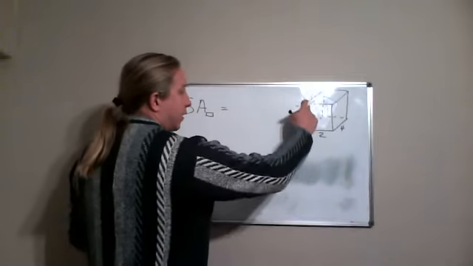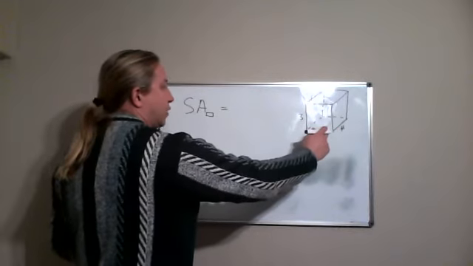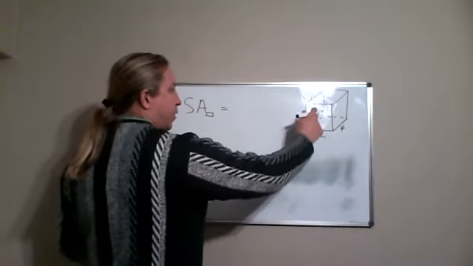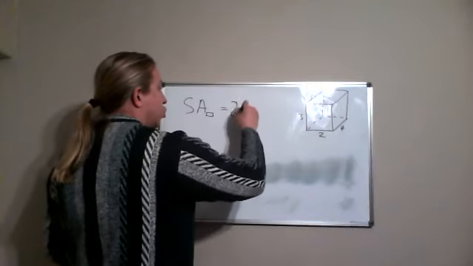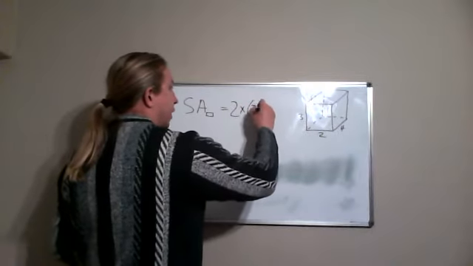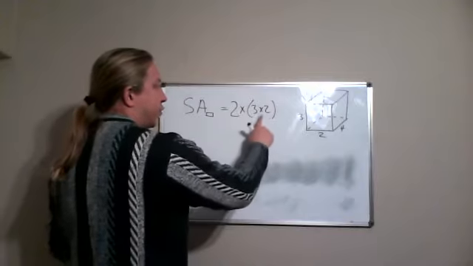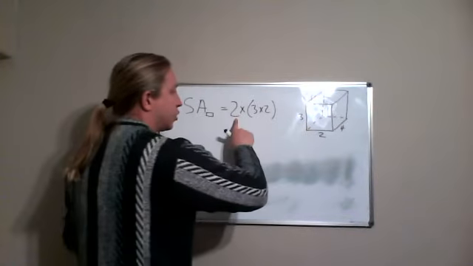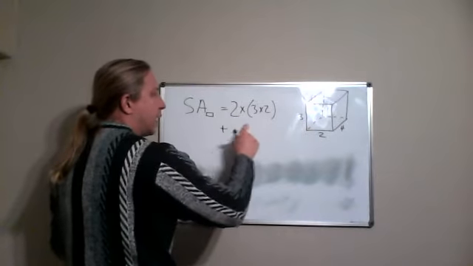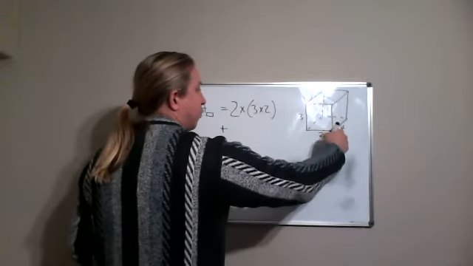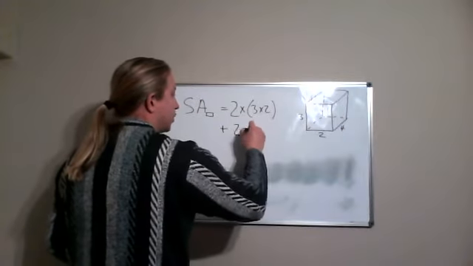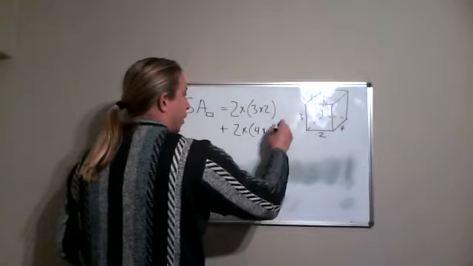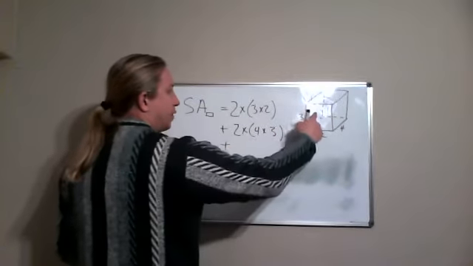So the front side is 3 by 2, right? That is our area. But we have 2 sides, so it's going to be 2 times 3 times 2. Plus, let's do this one. That's 4 times 3. So 2 times 4 times 3. Plus, so we've done that.